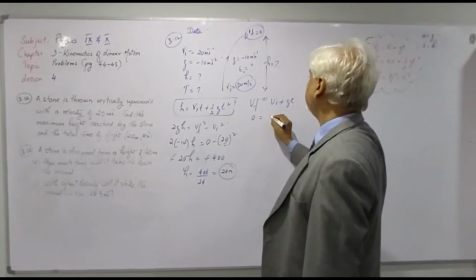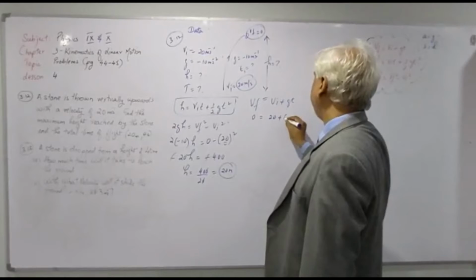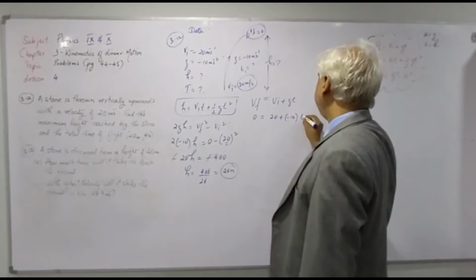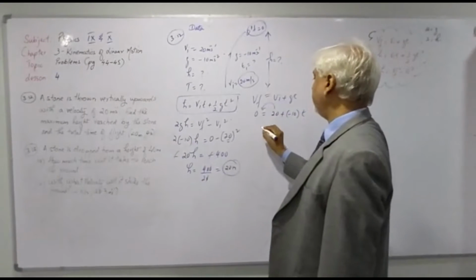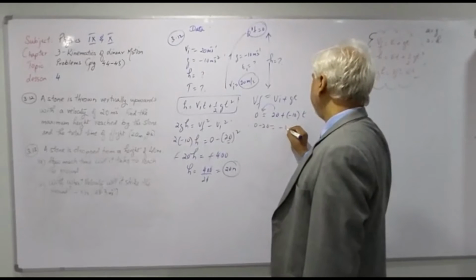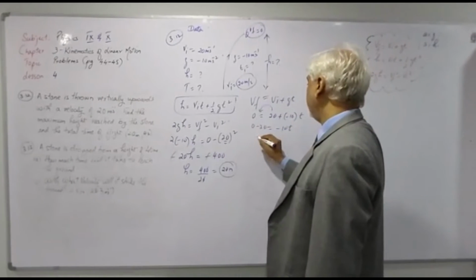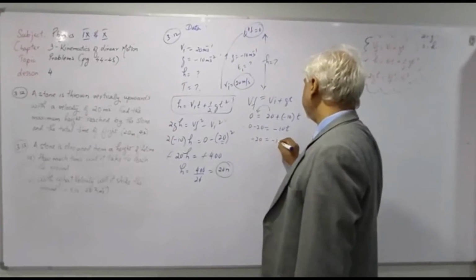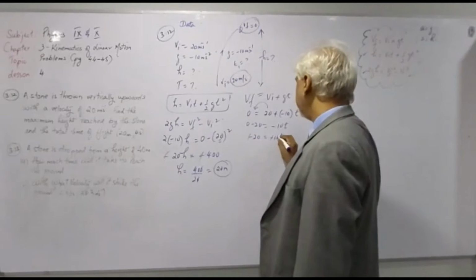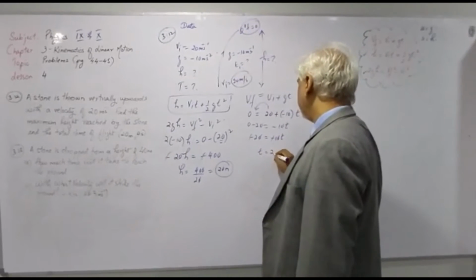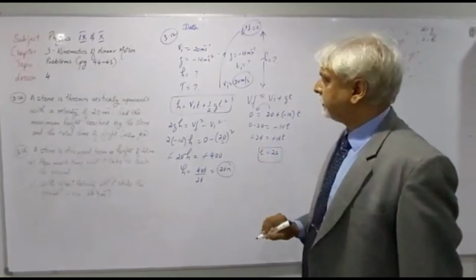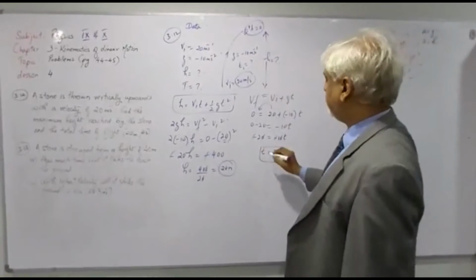Initial velocity is 20. It's moving against gravity, so g is minus 10, and t is what you need to find. We bring 20 to the other side: 0 minus 20 equals minus 10t. This gives minus 20 equals minus 10t. Minus and minus cancel out, so t is equal to 2 seconds. This is the time taken for it to reach the highest point. This is t1.